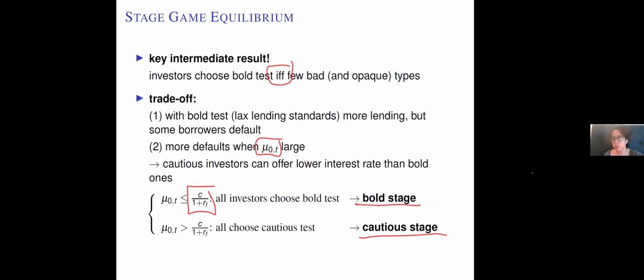For the purpose of this talk, let's ignore the three-stage and only focus on the two-stage. If the fraction of bad opaque entrepreneurs is small, then everybody chooses to be bold, because there are few defaults, and that's called the bold stage. If the fraction of bad opaque entrepreneurs is large, then defaults are high, so everybody chooses the cautious test because they want to prevent defaults.